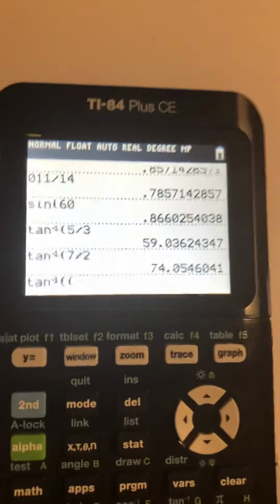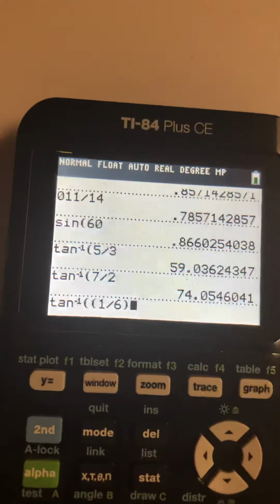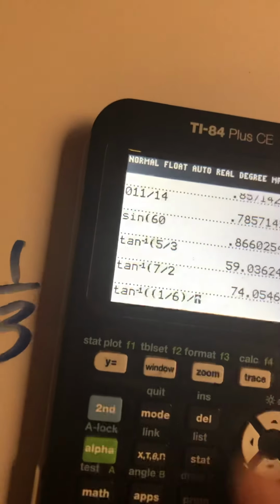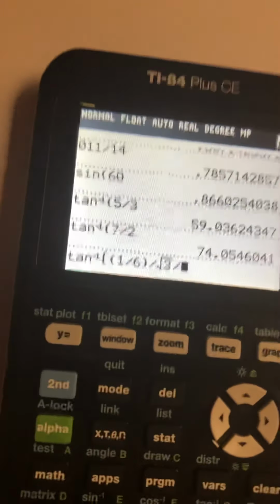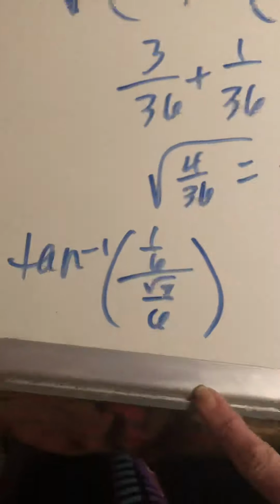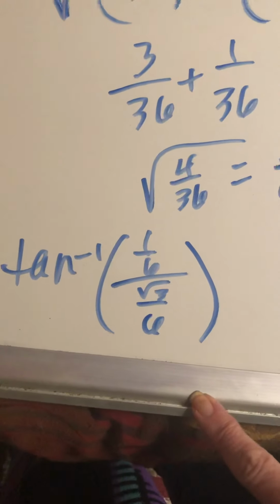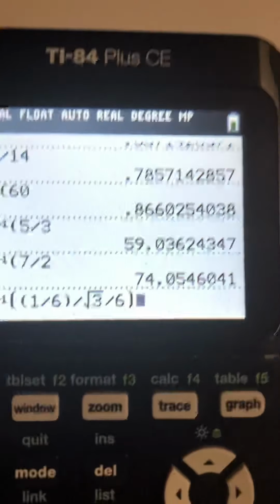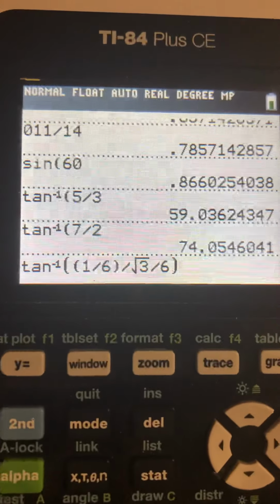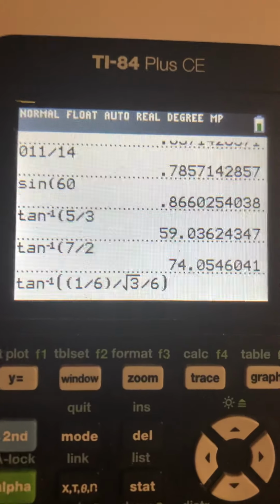Then I would put parentheses around the 1/6, then divided by square root of 3, that's divided by 6. So I've got inverse tangent of 1/6 over square root of 3 over 6. It looks like that on the calculator. And then hit enter.